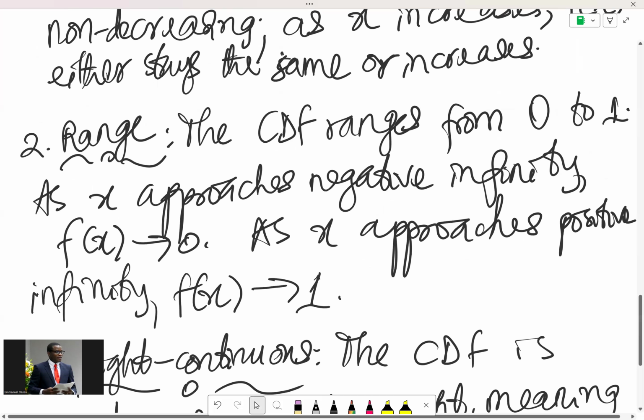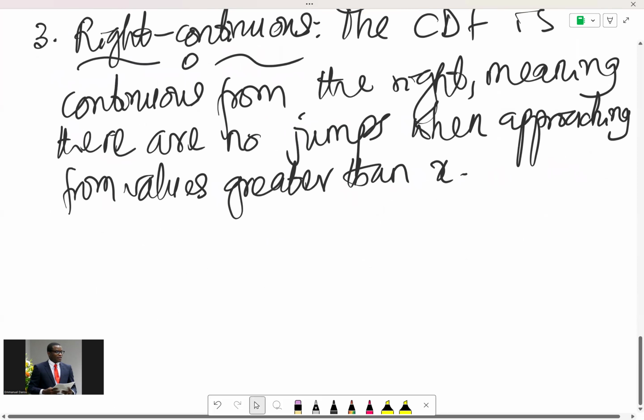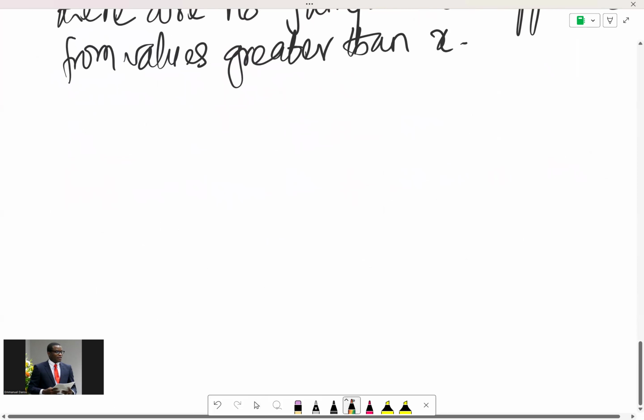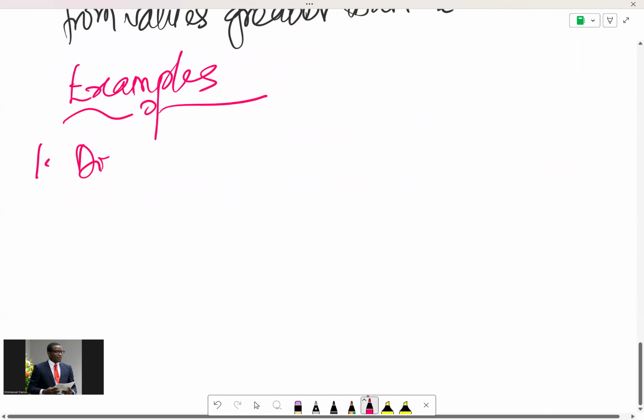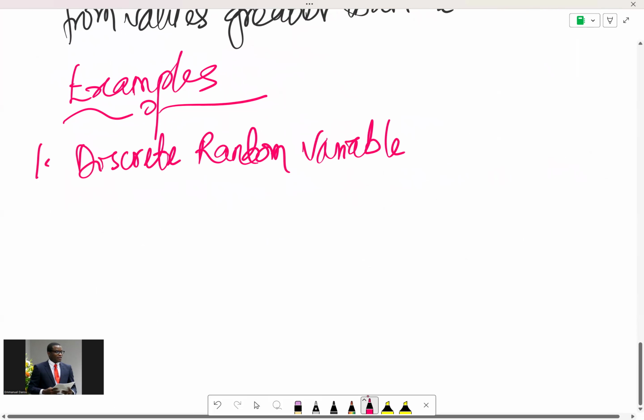Okay, so having stated the properties, can we now look at some examples of the cumulative distribution function? The first example we'll be looking at will be discrete. For a discrete random variable, we have the binomial distribution to represent that.